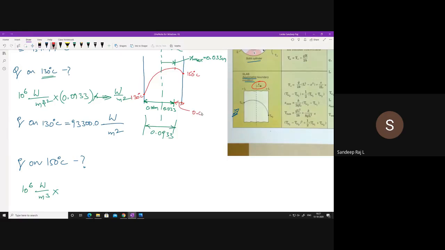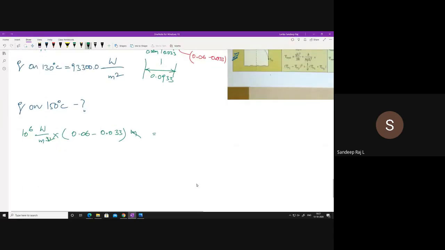It is 0.06 minus 0.033. Okay, it is in meter. This one goes, square will remain. So we will get the answer in watt per meter square.